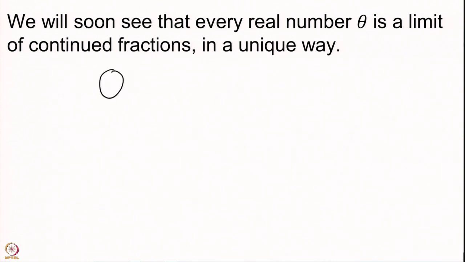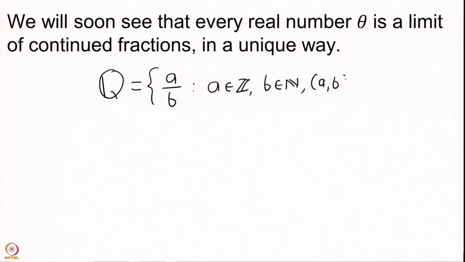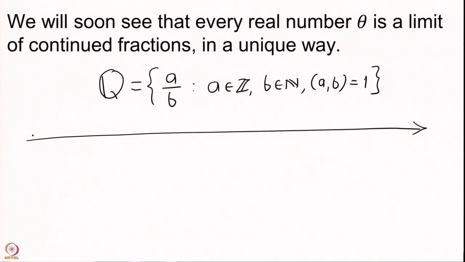So, everybody knows that this is the set of rational numbers. You have a by b, where a is an integer, b is a natural number, and we will also assume that the GCD of a and b is 1. This is the set of rational numbers, and if you have the real line, then the rational numbers can be plotted on this real line.